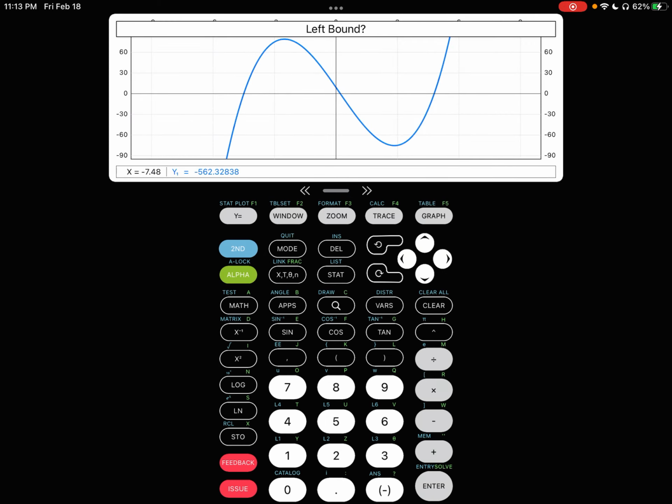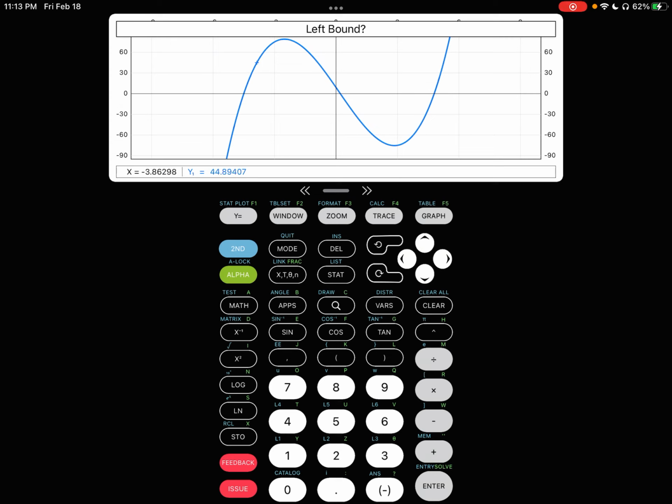And you see up top it says left bound. Your TI-84, TI-83 is going to ask the same thing. Now what you're doing is telling the calculator where to look, because you can't tell it to look at the entire function. You can only tell it to look at a specific window. So let's find our cursor. Do you see this cursor, this blinker moving around?